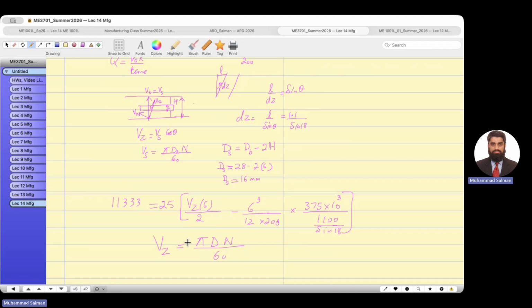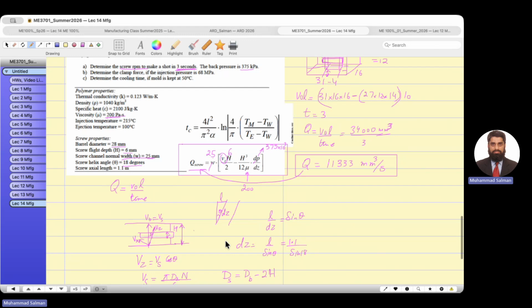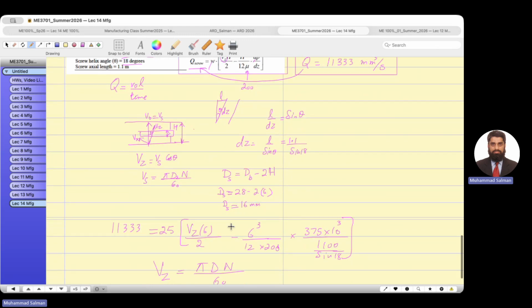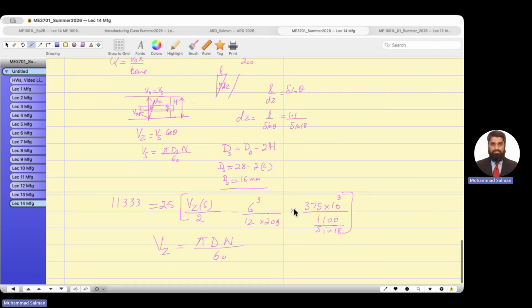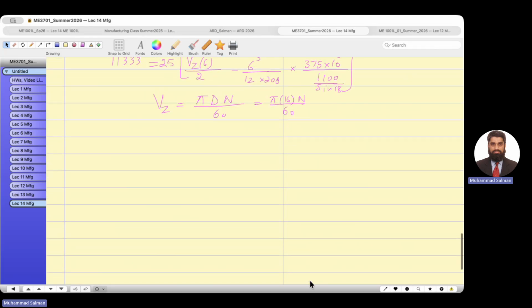And d is the screw diameter, which you already calculated, which is 16. You will plug it in over here. Pi times 16 times n divided by 60, and if you do the math here, n comes to 194 revolutions per minute.